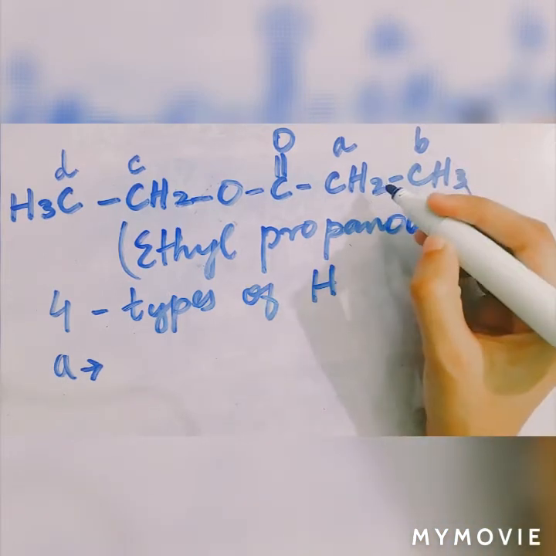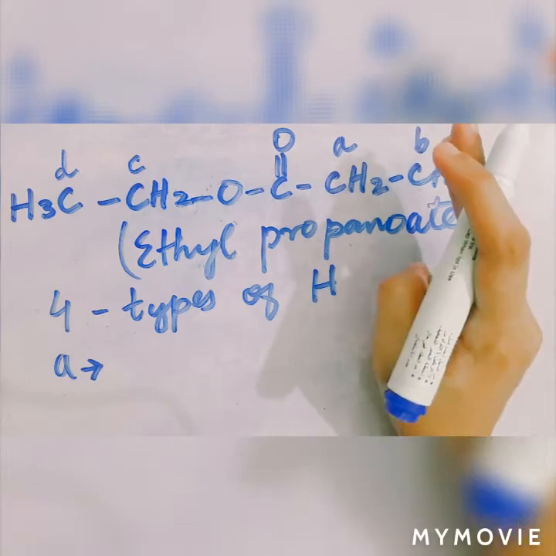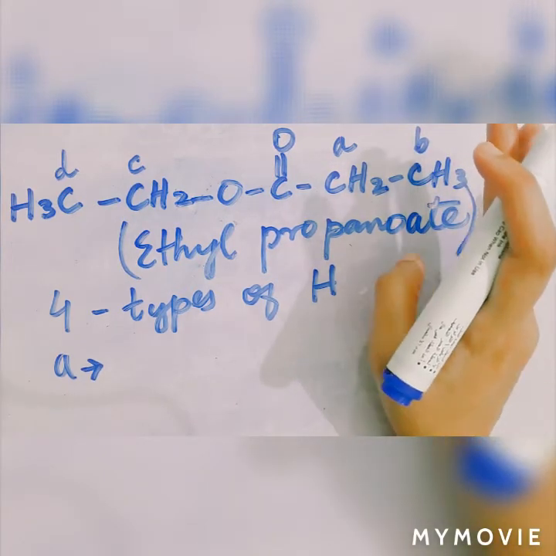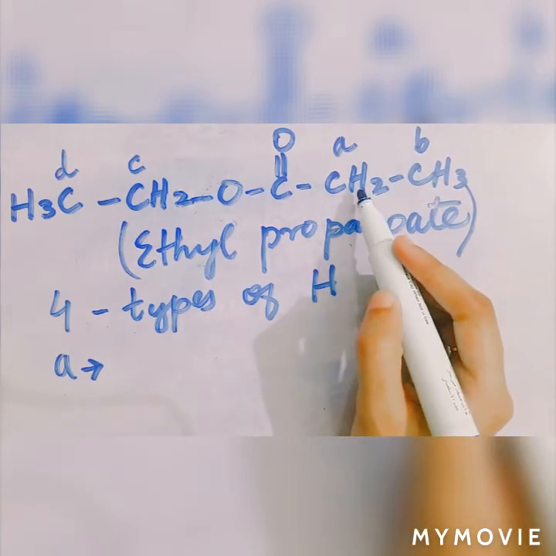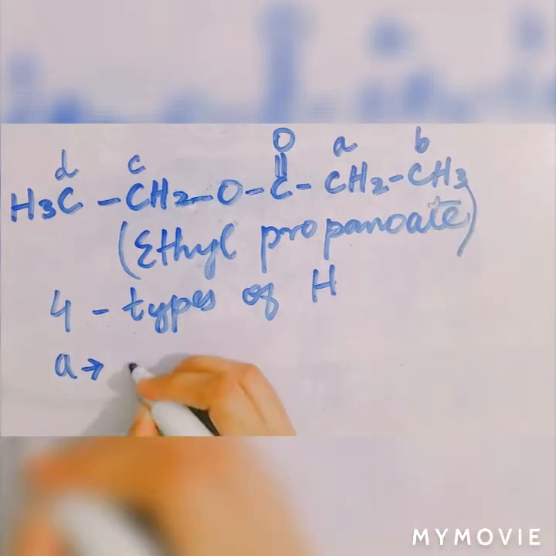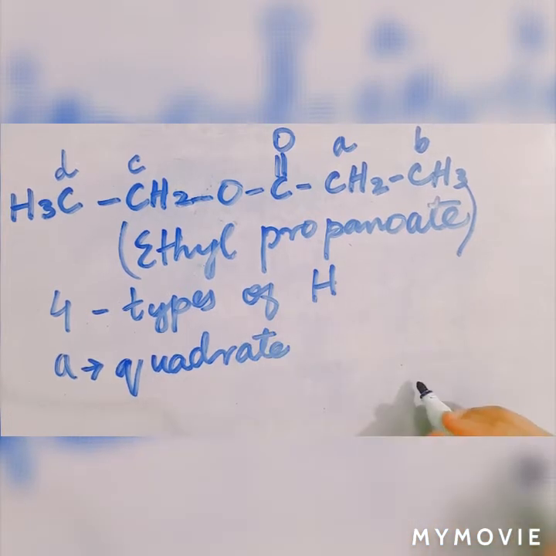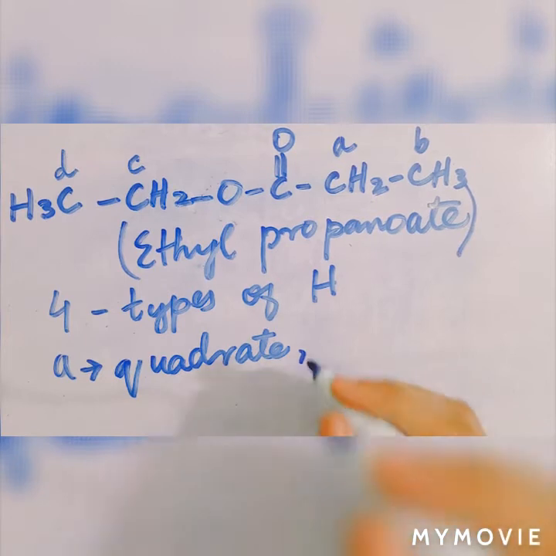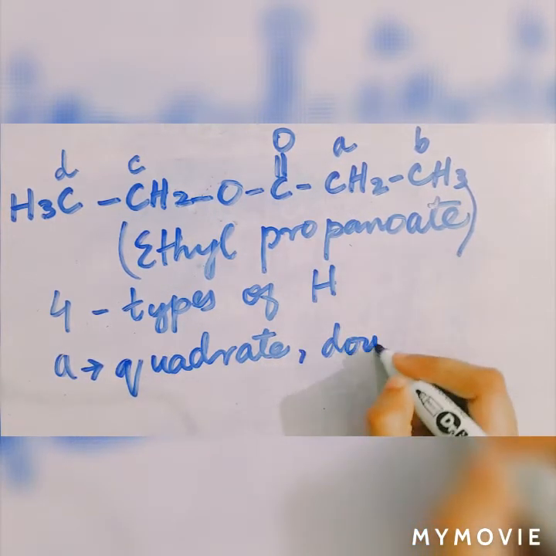Because it is adjacent to a carbon atom which has 3 protons. 3 plus 1 equals 4. One signal is of itself and 3 of them are of the methyl protons. So it will give a quartet signal. And it is downfield. Why? Because it is attached to an sp2 hybridized carbon atom. So it is downfield.